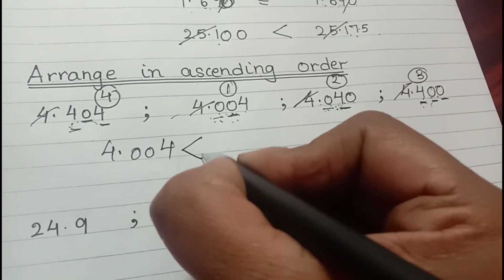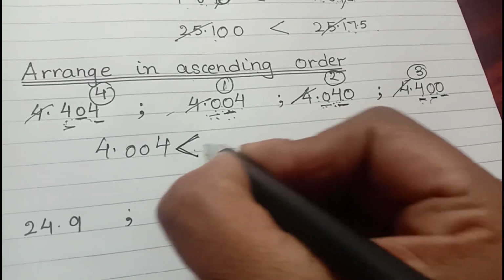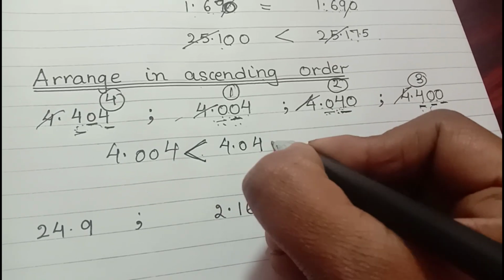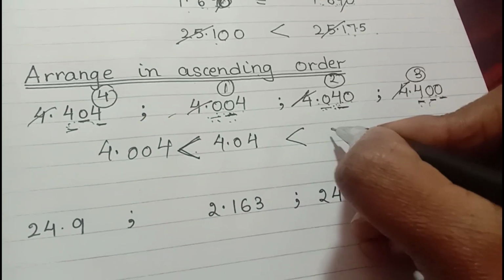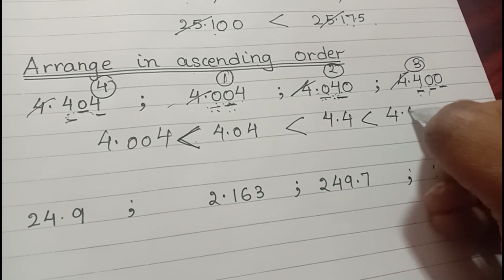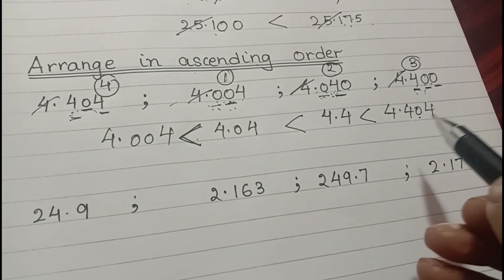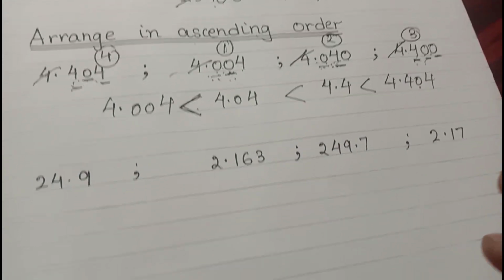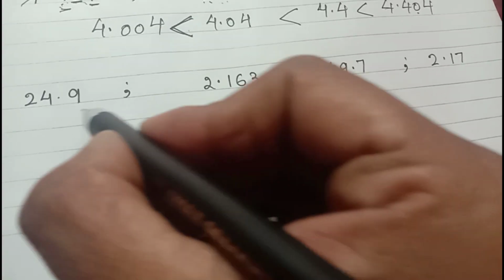Please write the sign. This crocodile's mouth always opens at the bigger number. Then 4.04, then 4.4, then 4.404. Answers you can give in like decimals or the original question. Both are the same.